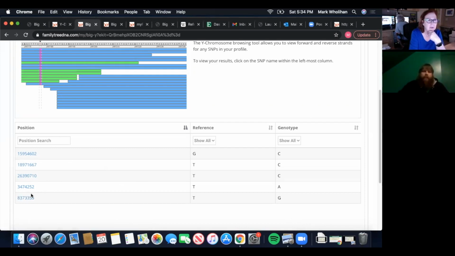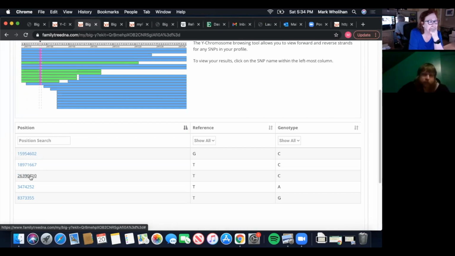So let's say this one at the top here, 15954 54602, let's say this is your grandpa, and then this is your great grandpa, 1897667, and then this is your great great grandpa. Now that's just theoretical because not everyone has a mutation.